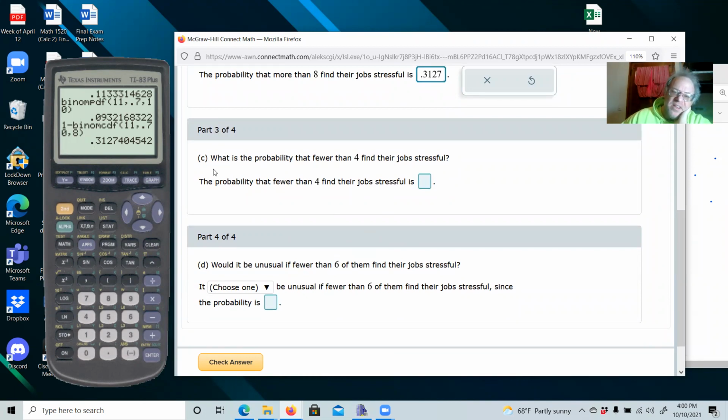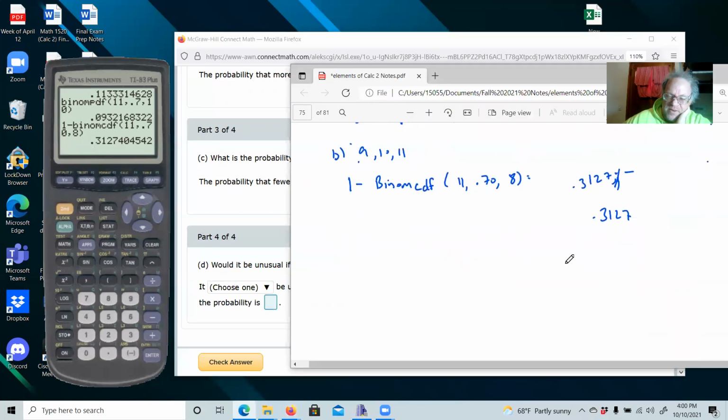Okay, so what is the probability that fewer than 4 find their job stressful? Part C is fewer than 4. So we could just do a straight binomcdf. Is 4 a number that is fewer than 4?